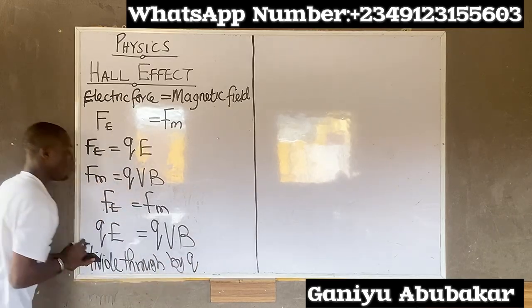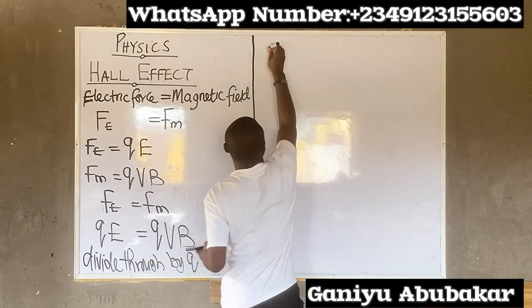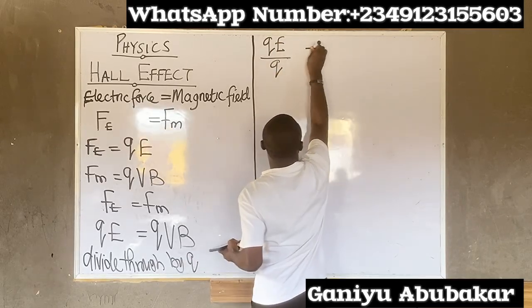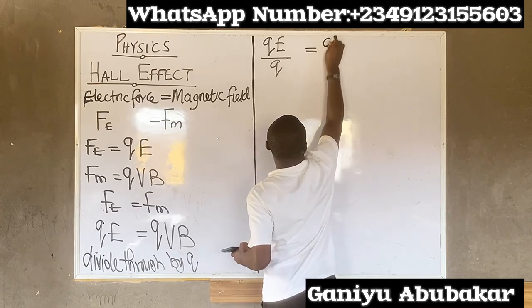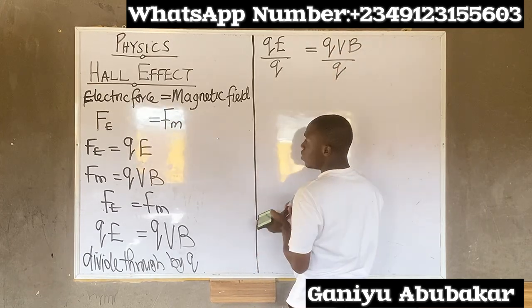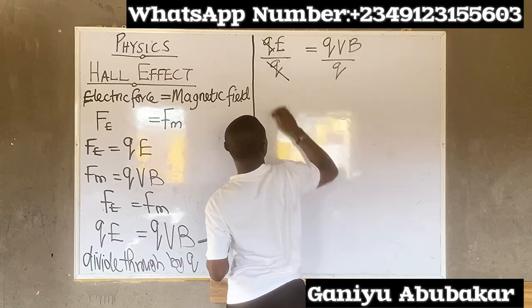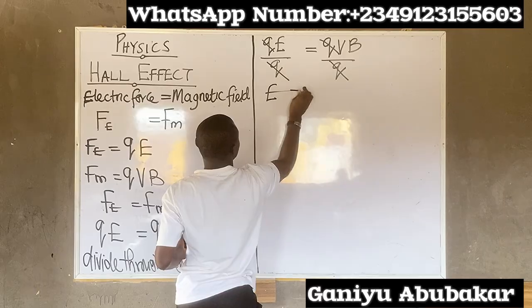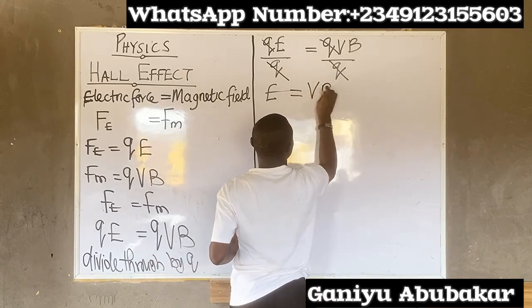Dividing by Q, what do you get? QE over Q equals QVB over Q. The Q cancels Q, and I have E equal to VB.